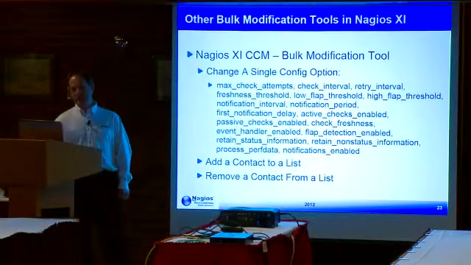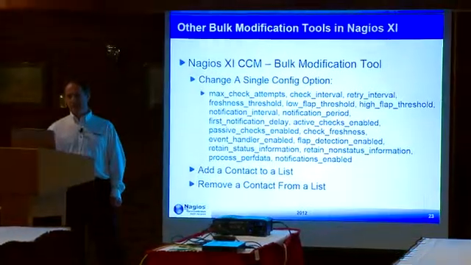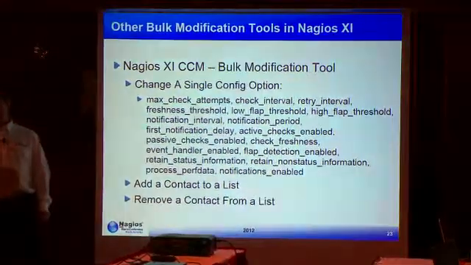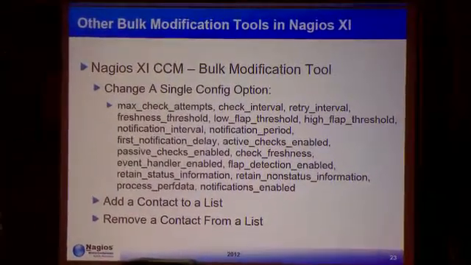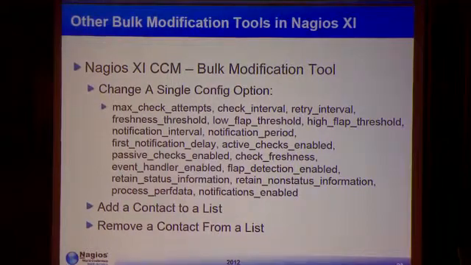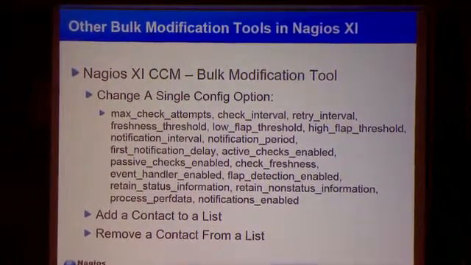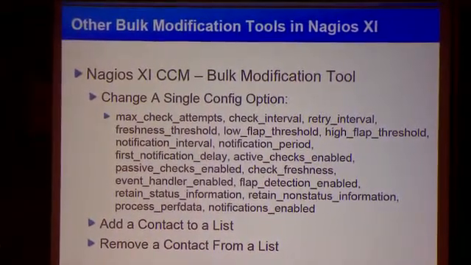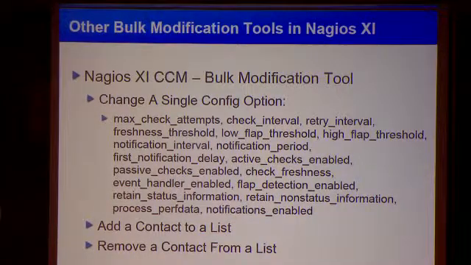You can change a single config option using this tool and set your value. You can change max check attempts, check interval, etc. I put all these values here just to show you. There's a drop-down menu. You can set the value, then you can apply it to a bunch of hosts or services in bulk, which is really convenient.